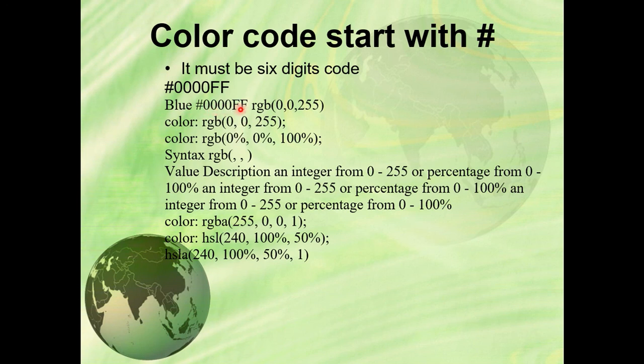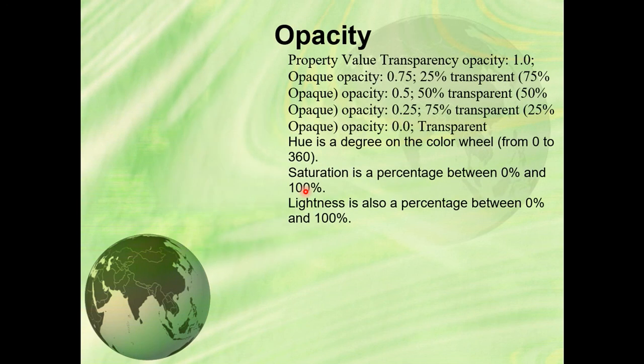For example, here 0 0 0 and F, this is blue color, as you noted here. And this is opacity. Okay, and opacity is like darkness and brightness increases and decreases.